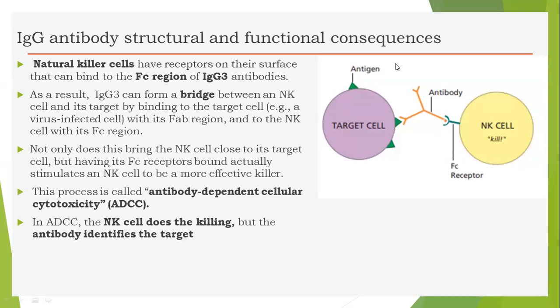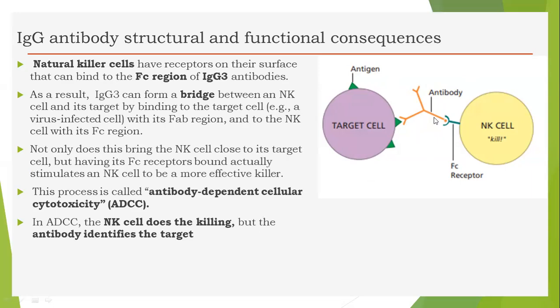Okay, just to take it further, we've also got the natural killer cells, which have their receptors that are able to bind to the IgG. So apart from the ability to fix complement, we've got the ability of the IgG3 to become a linker or initiate NK natural killer cell killing mechanisms.